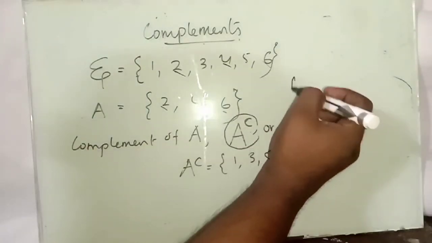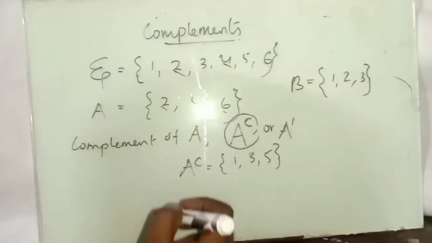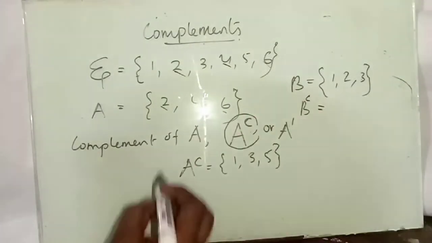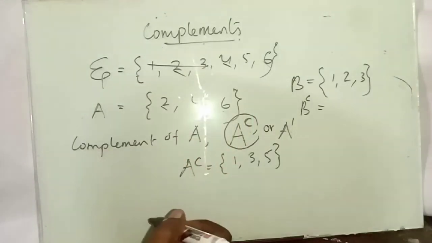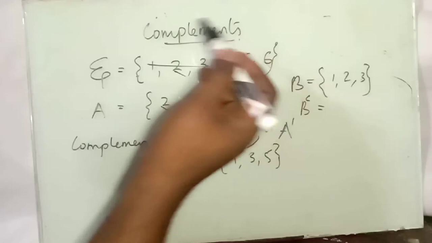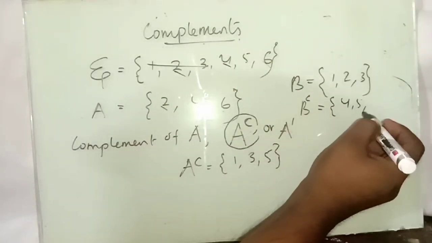Suppose set B is {1, 2, 3}. Then what is the complement of B? 1, 2, 3 we have to delete. That means from the universal set, delete 1, 2, 3. What is remaining? Set {4, 5, 6}.